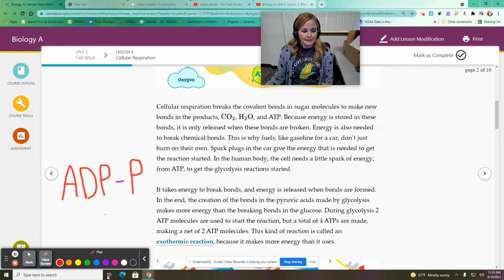The bond itself stores energy. So when we break this bond and release that additional phosphate group, the energy that was stored there holding that phosphate group to the adenosine diphosphate to make ATP, or adenosine triphosphate, is actually released. And so that's how energy is then stored in molecules.